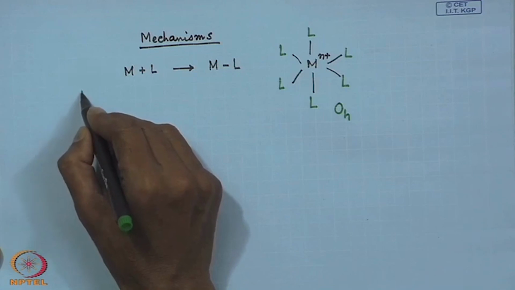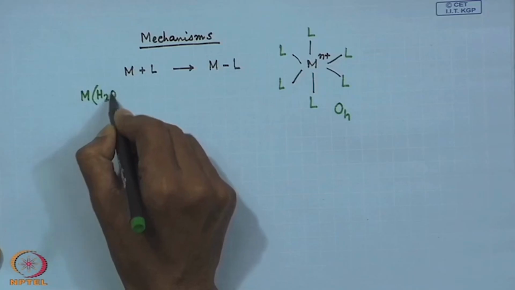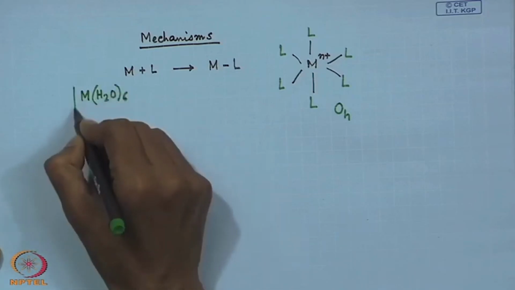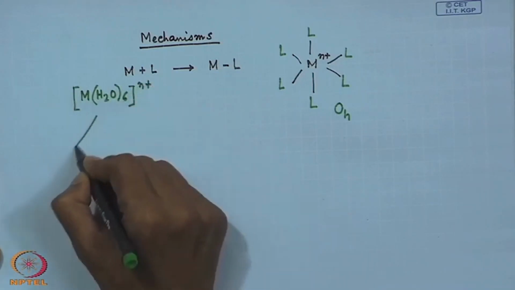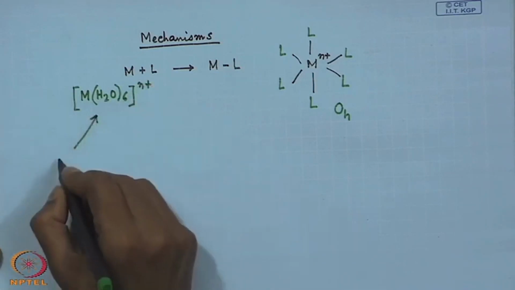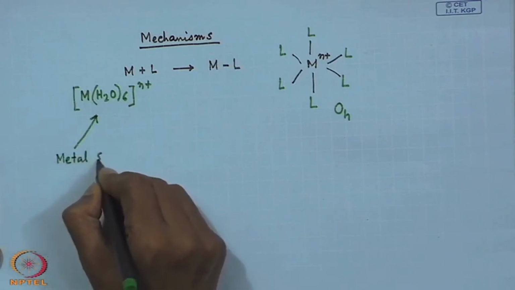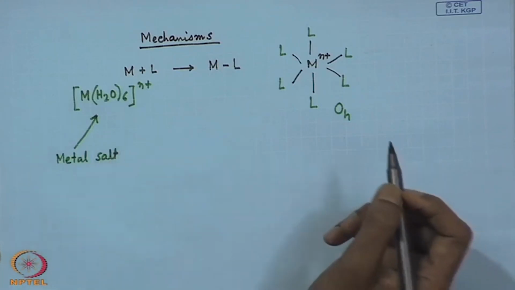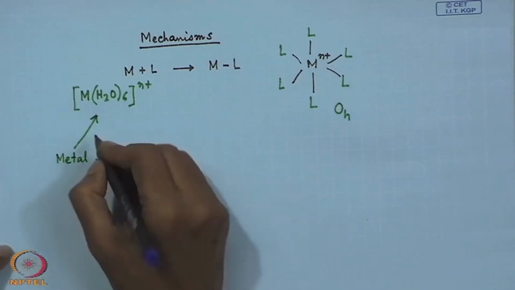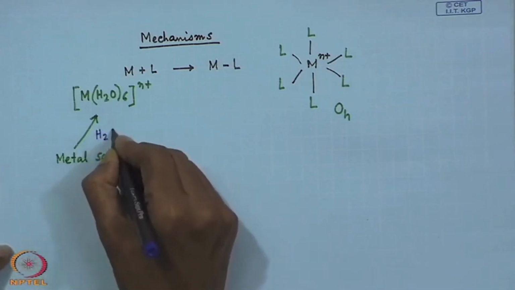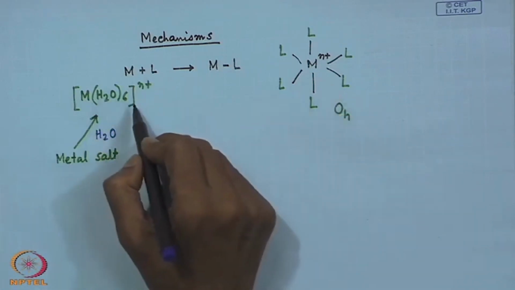But what is actually happening is basically some sort of ligand substitution reaction, because we all know that whenever a metal salt is available in the solid state and we dissolve it in aqueous medium, that means water is given, we get the corresponding hexaaqua complex immediately.